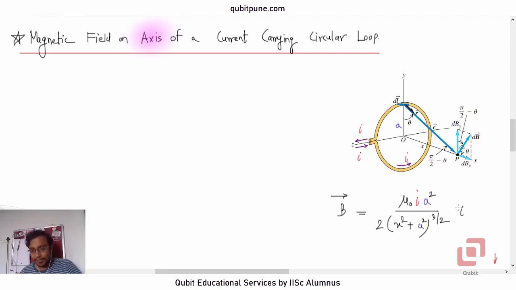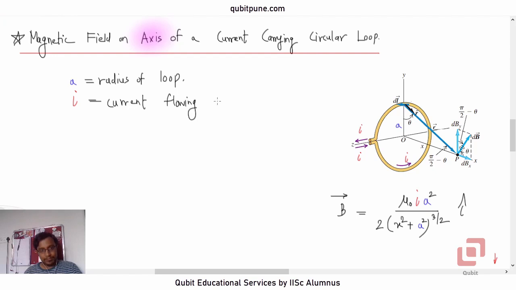I cap refers to the unit vector along positive x, and this I refers to the current that is flowing through this circular loop. A is the radius of the loop, and I is the current flowing through the loop. Is that clear?